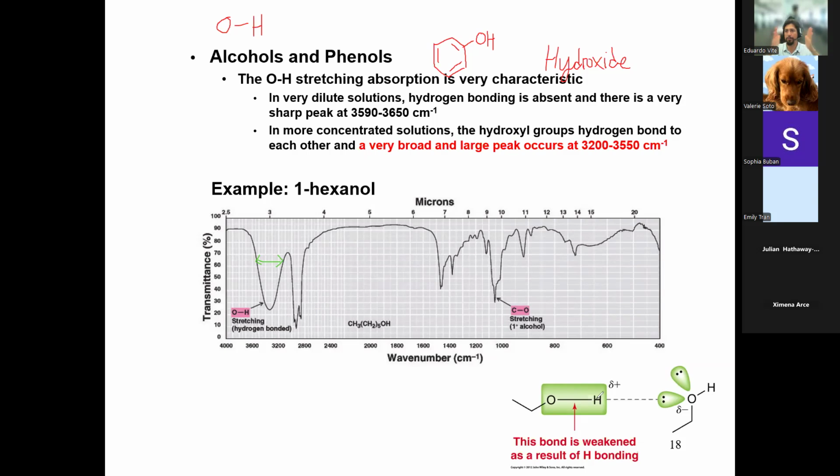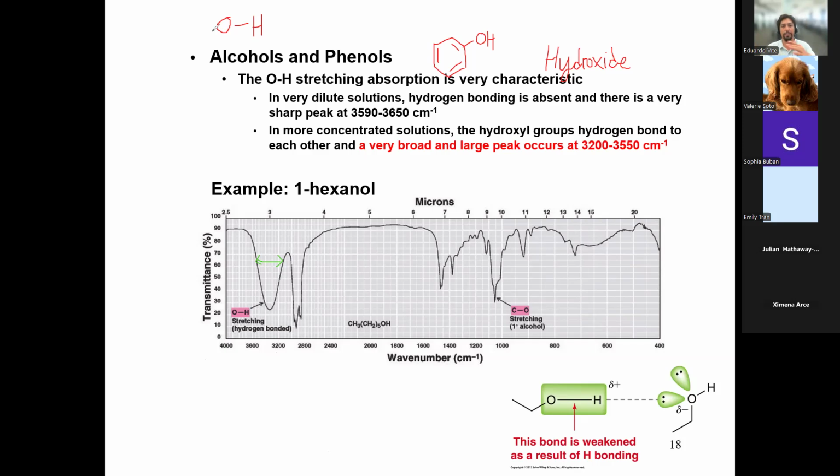And that's why you see this very broad peak, because you have a range of energies due to the hydrogen bonding. And so this again is iconic. You see this and you recognize it right away, right? So this is the example for hexanol. You can see you have your iconic OH stretch between 3200 and 3600, plus minus a few here and there.